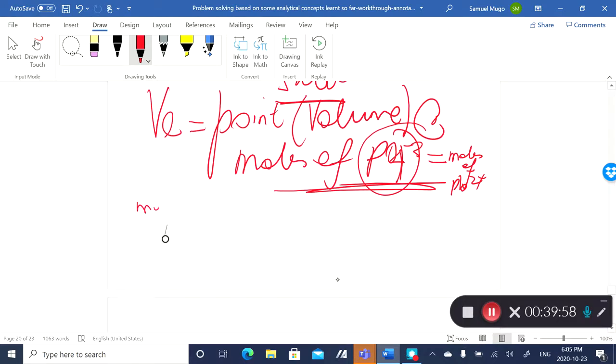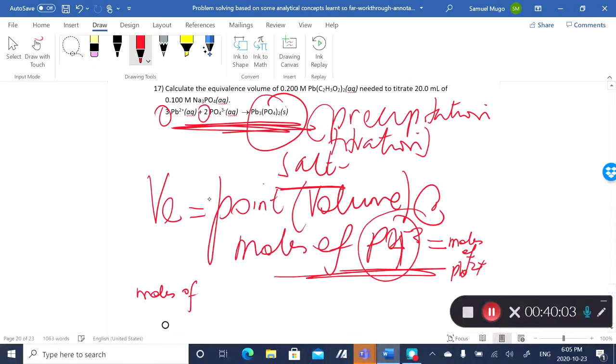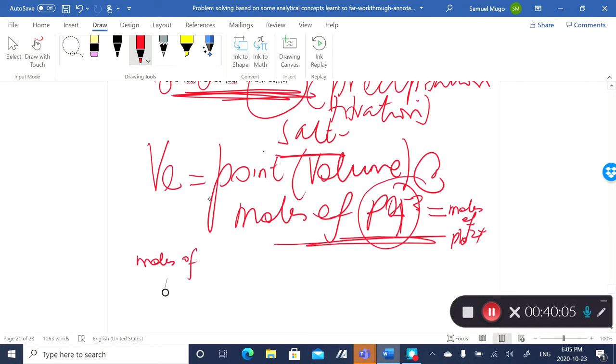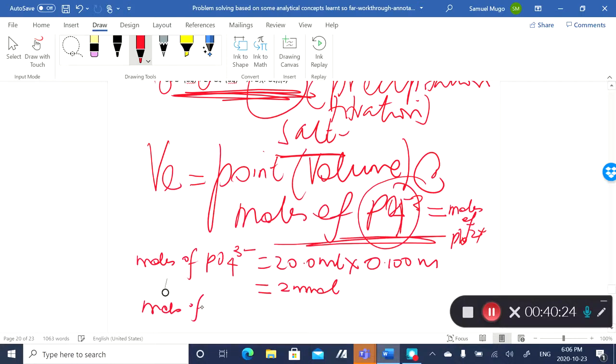Remember stoichiometry, very important. The moles of phosphate that you titrate is 20 ml times 0.1 molar, which gives you 2 millimoles.